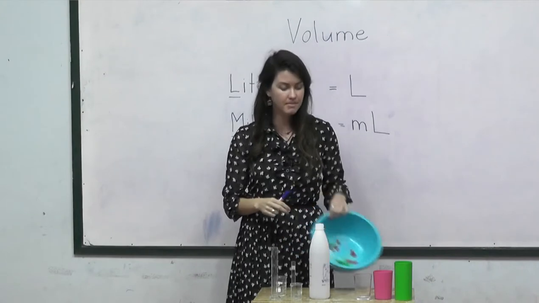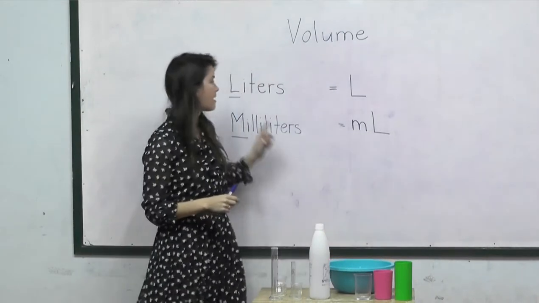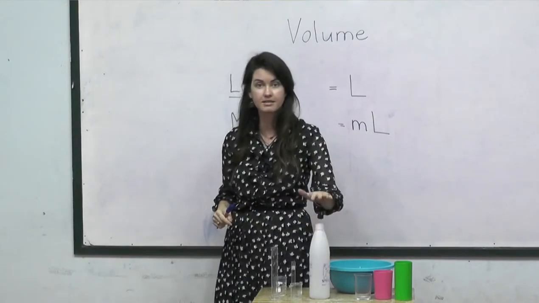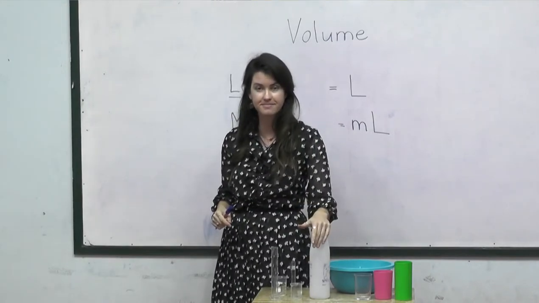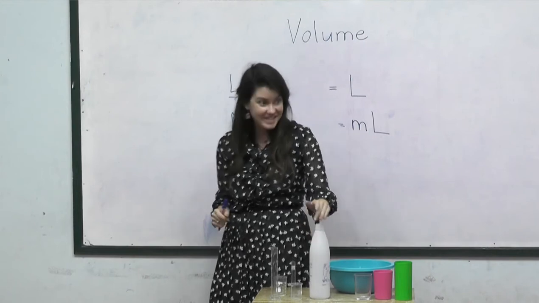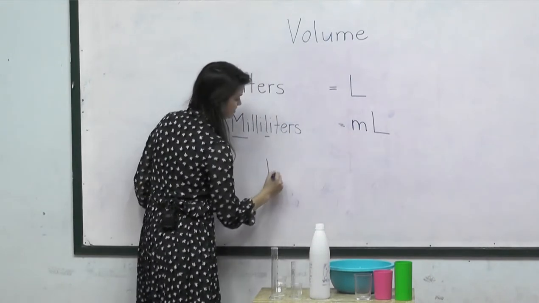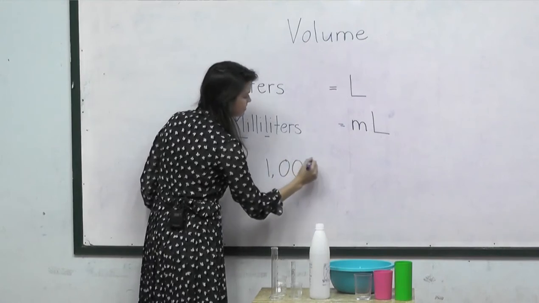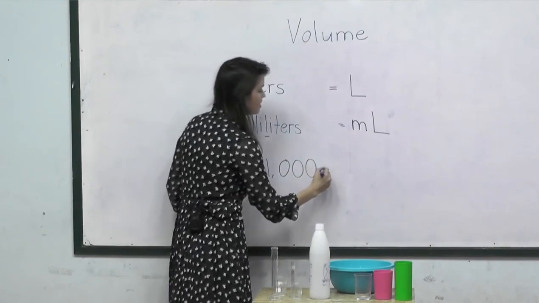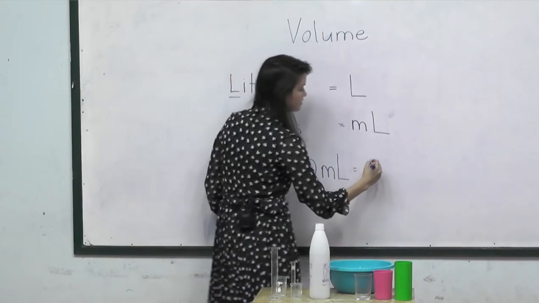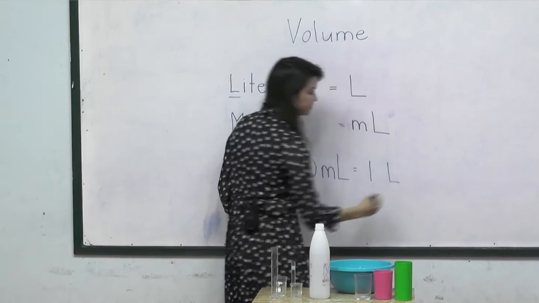Okay, and do you remember how many milliliters are inside 1 liter? 1,000. Good, it's 1,000. So 1,000 milliliters. How many zeros are in 1,000? 3. 1,000 milliliters equals just 1 liter.